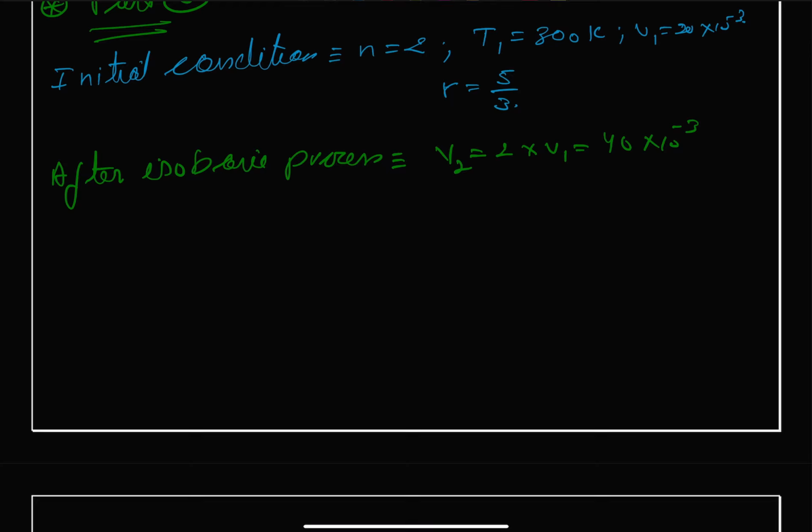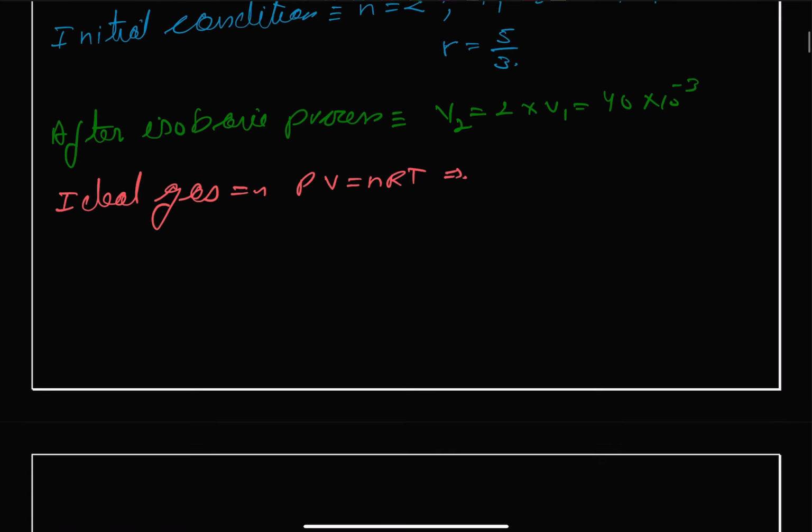We can use the ideal gas equation, PV is equal to nRT, and our pressure is constant. Therefore, we can write this equation as T2 by T1 is equal to V2 by V1.